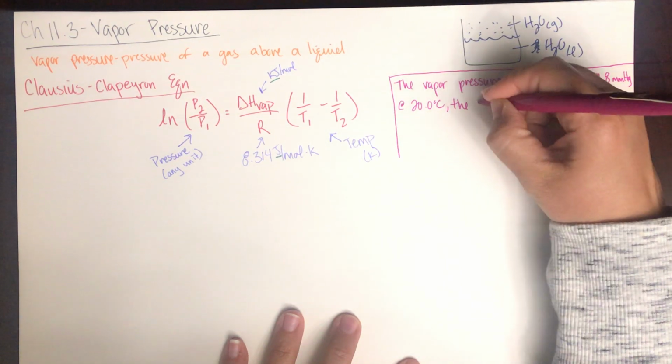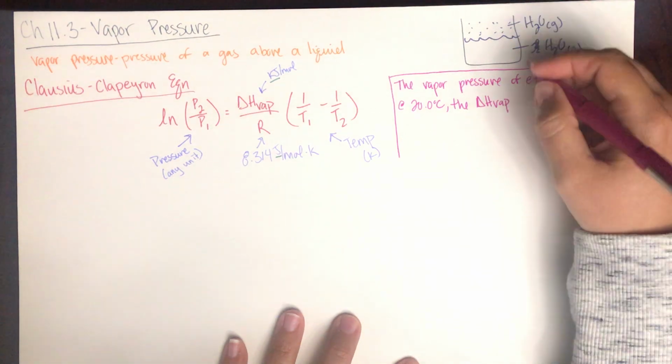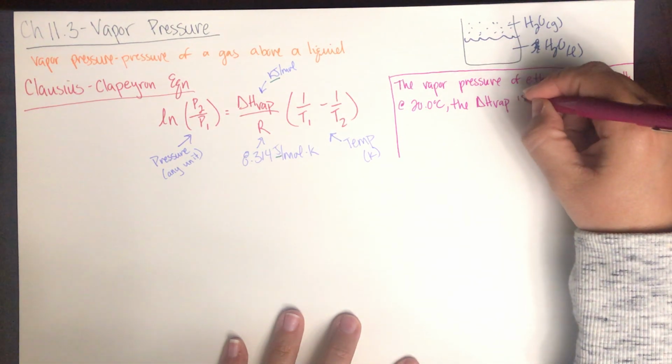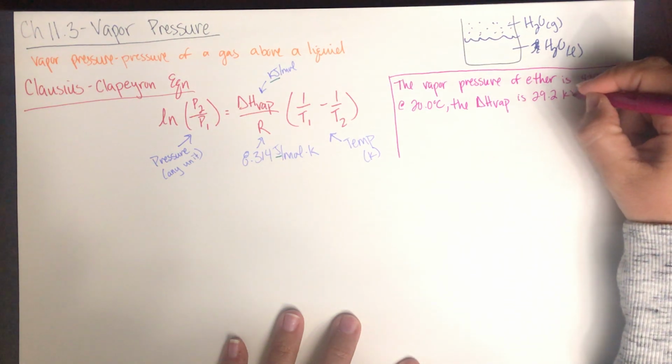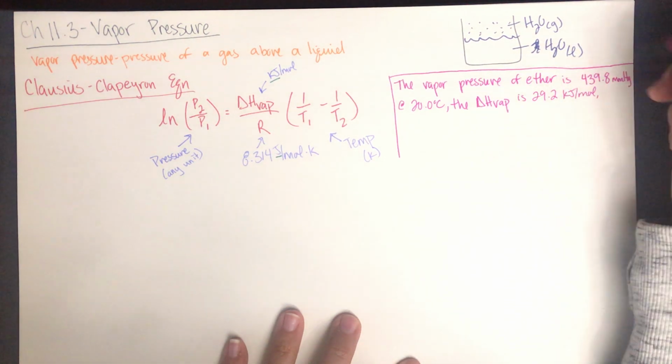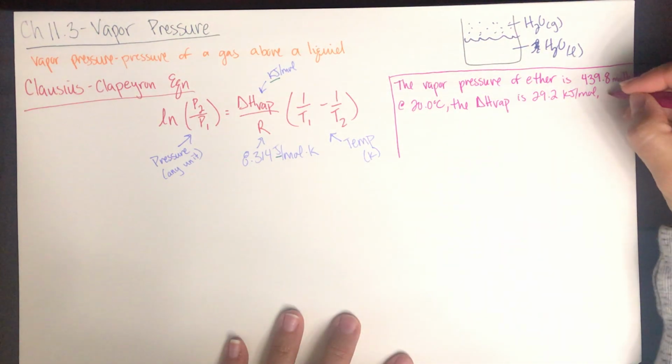The heat of vaporization is 29.2 kilojoules per mole. What is the vapor pressure of ether at 34 degrees Celsius?